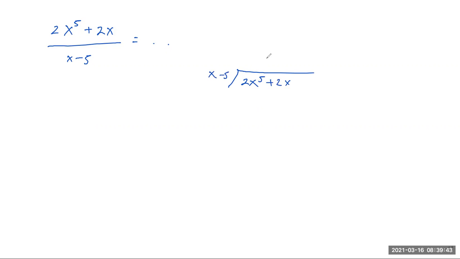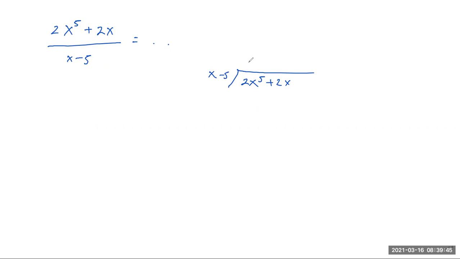If this is the case, how do we divide this? Usually you just copy it. So let's do this.